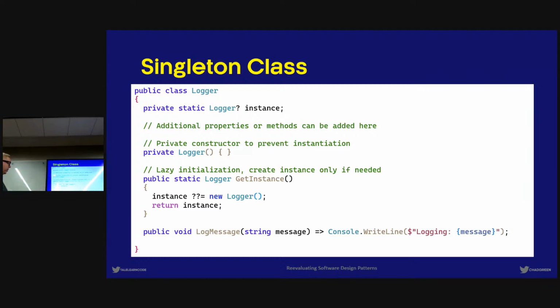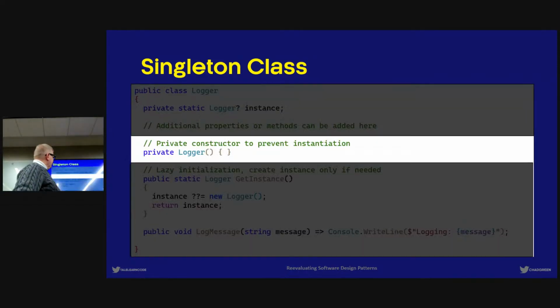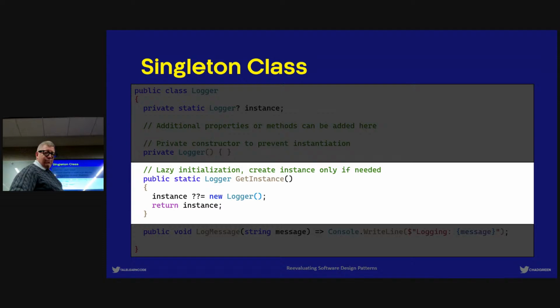We can see that the constructor is private, because you shouldn't be able to create it otherwise. And we have that get instance. Honestly, you could have better names than that, but notice what it's doing. Is my private instance around? If not, create it and then return it. And we can see a log message. So really simple.